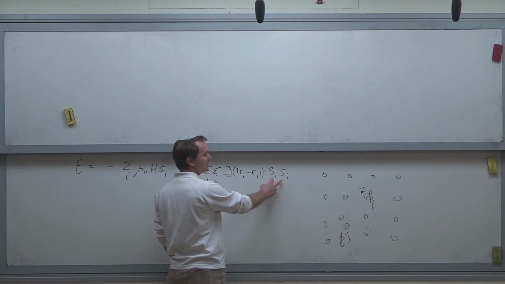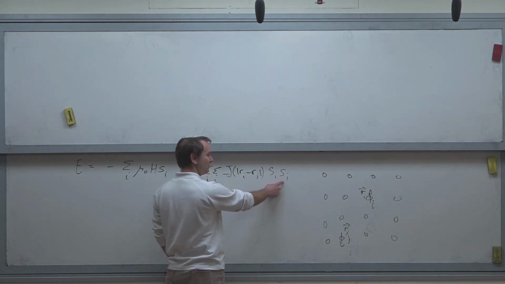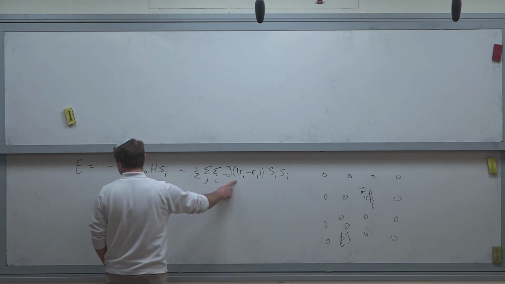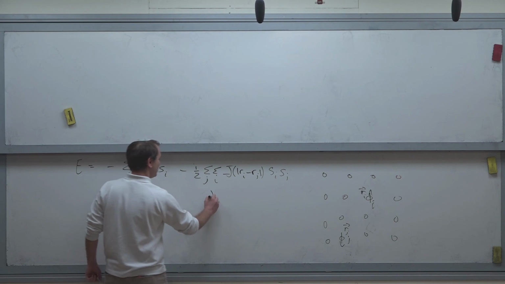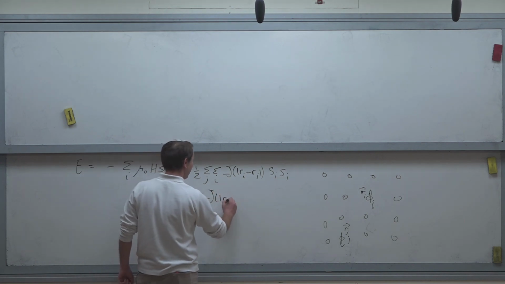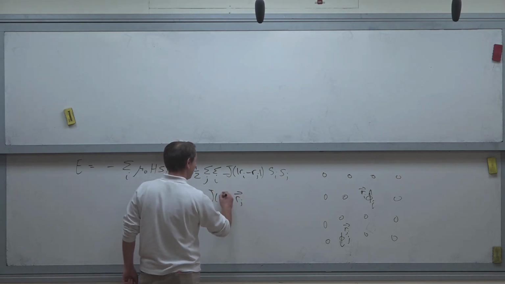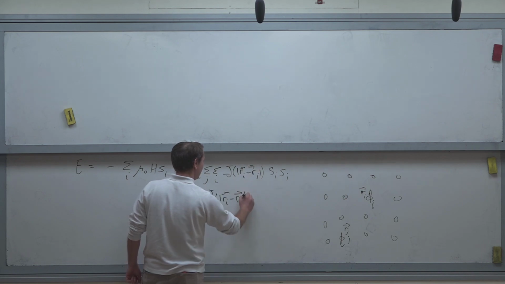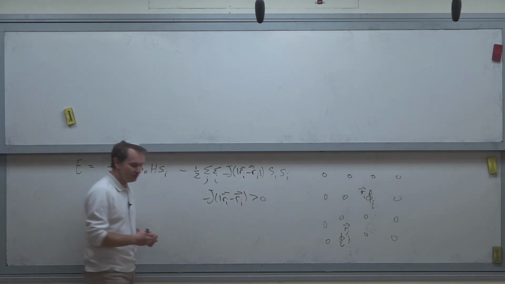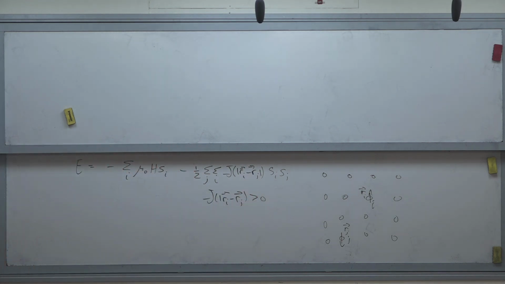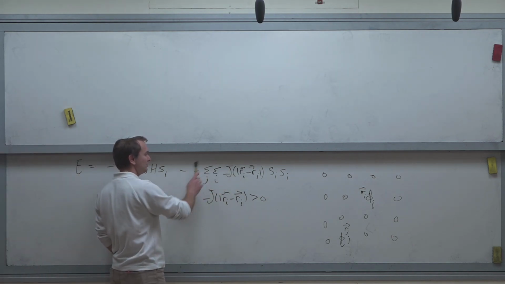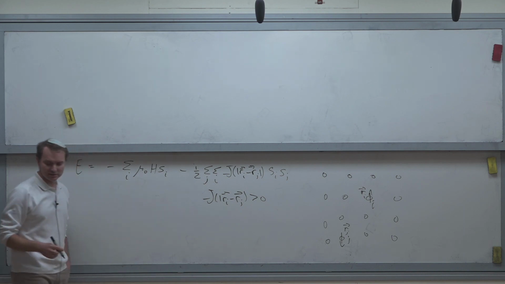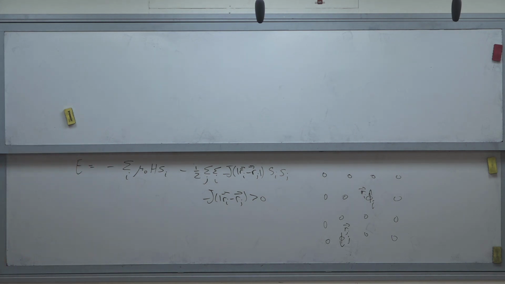When they are exactly in the same direction, this is +1 and +1, which is positive. J is always positive. Just write it down: J of Ri minus Rj is a positive coupling constant. So in total, this term is positive, and because of the minus sign over the sum, it's negative.